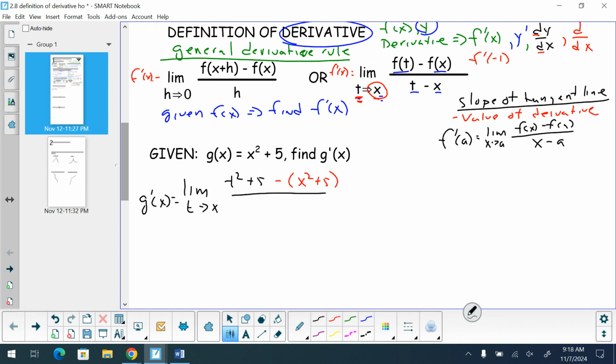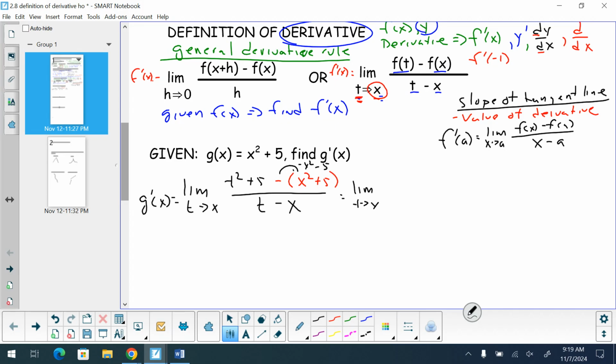And on the bottom, we still just have our t minus x. Distributing, once again, please hold your limits through all this. We have the limit as t is approaching x. We distribute, we have negative x squared minus 5. I'm fine with you writing that up there.